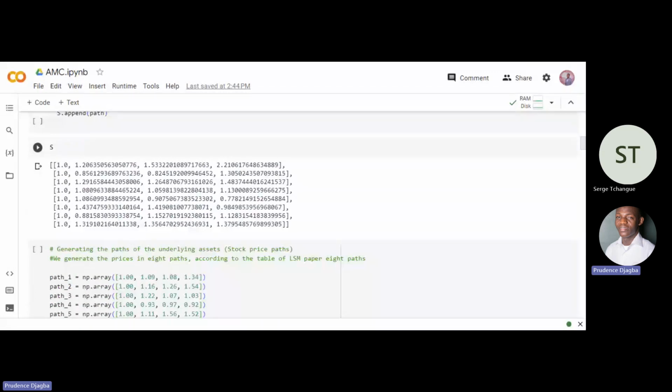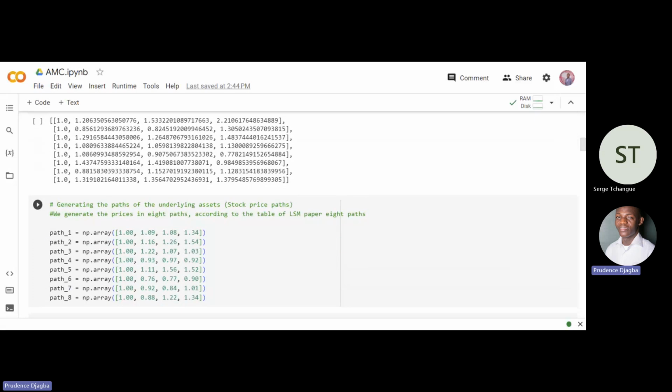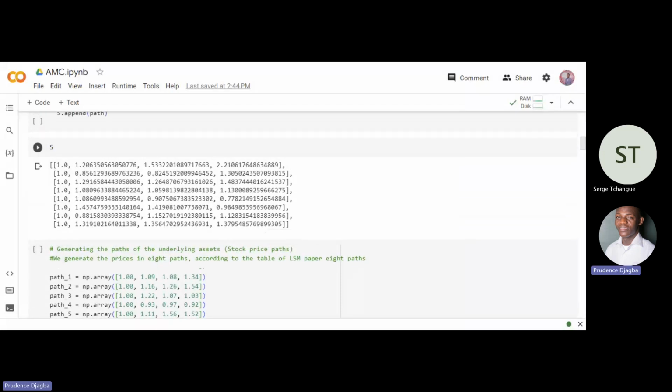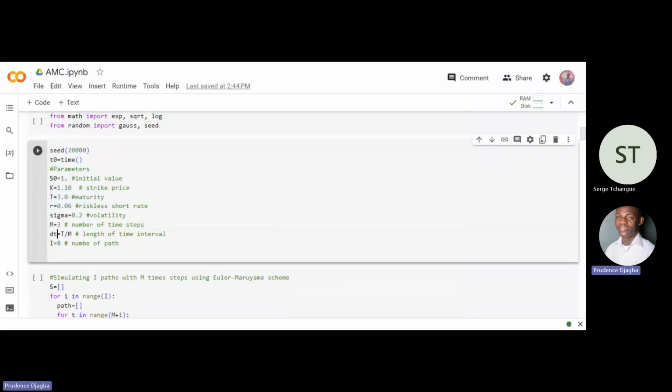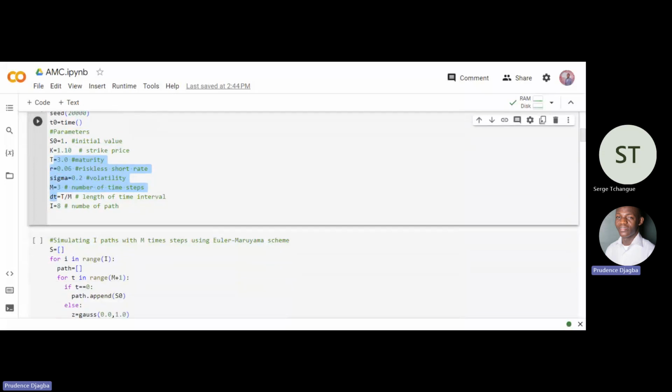But I noticed that the 8 paths I simulated are not exactly what they gave in that paper for the first section, because when I was implementing, I wanted to find the same value. So then I just picked the paths that they gave in that paper, because the output that I got here is not exactly the same. Maybe it's because of the parameters that I initially set.